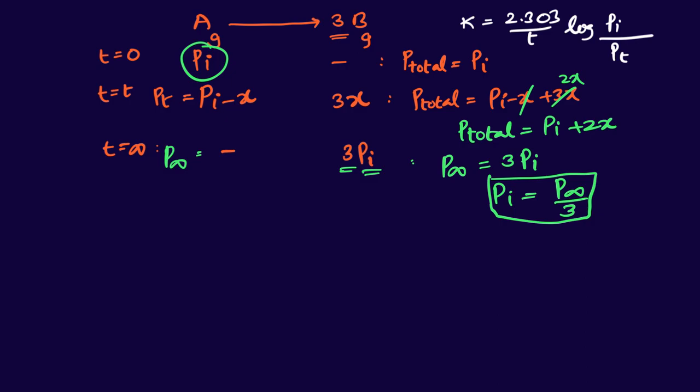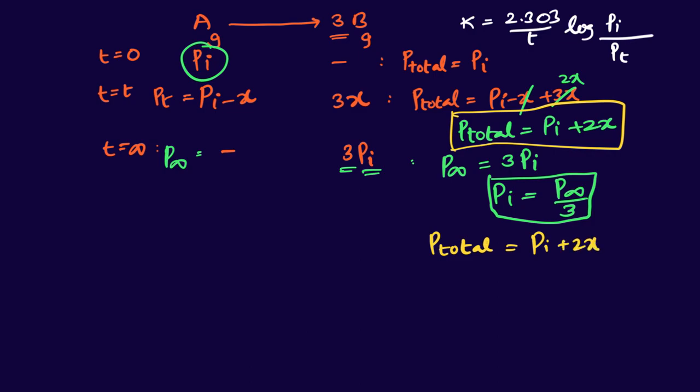Now, by using this equation, pressure total is equal to Pi plus 2x. Separate the x term, then pressure total minus Pi is equal to 2x. Then pressure total minus Pi divided by 2 is equal to x.